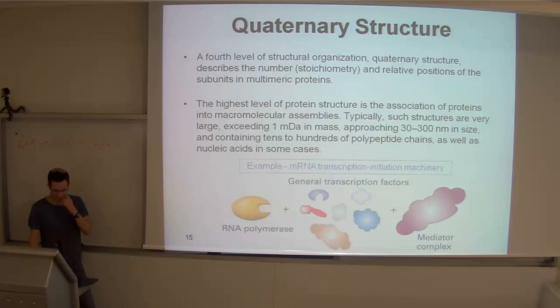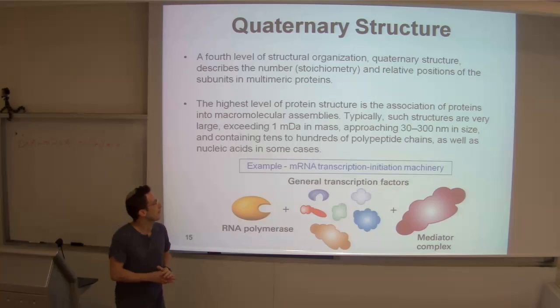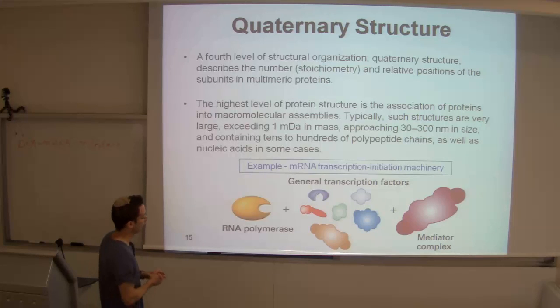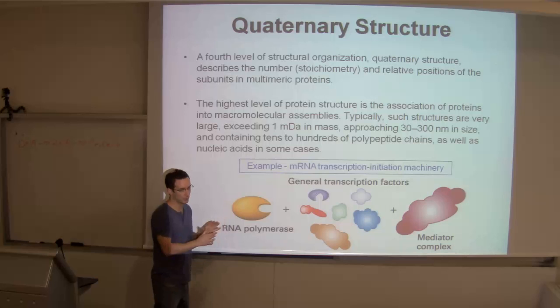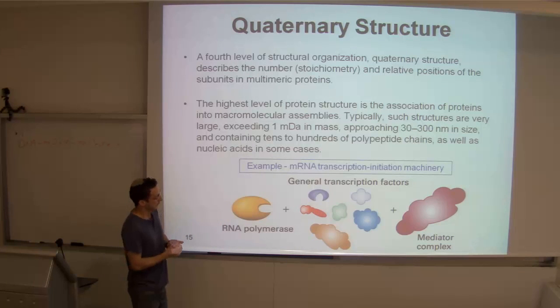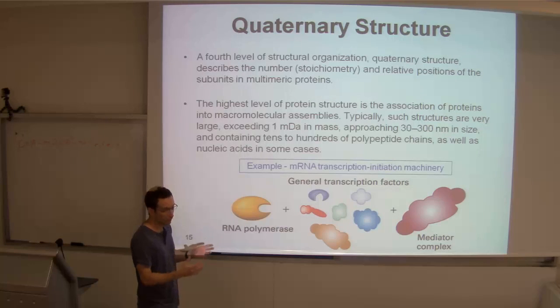And lastly, the fourth, and as I said in the beginning, including sometimes a fifth structural organization, the quaternary structure. Some proteins are not just a single unit, but are composed of several units, and sometimes are even assemblies of several proteins.